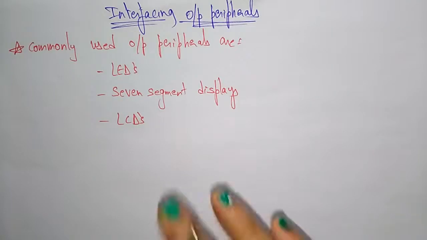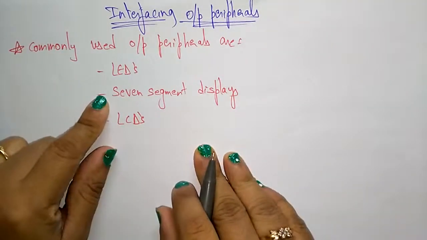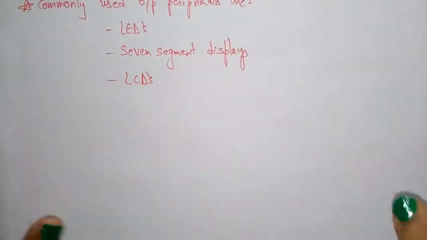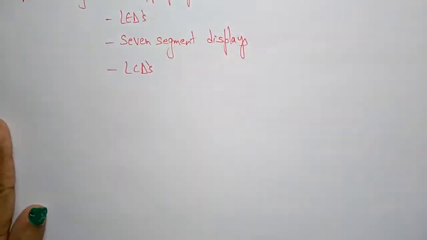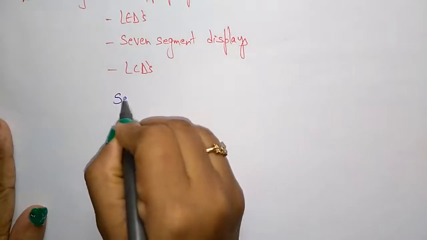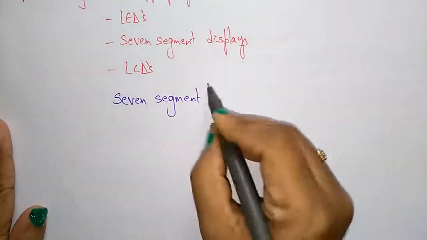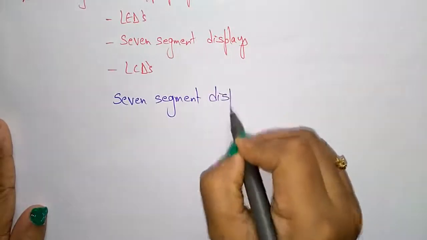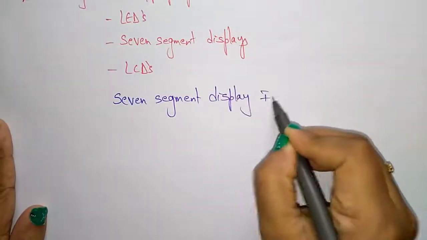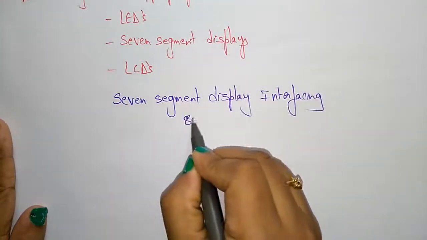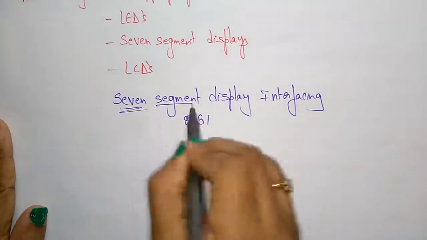Let us discuss one interfacing of output peripherals, that is, the 7-segment display interfacing of the 8051 microcontroller.